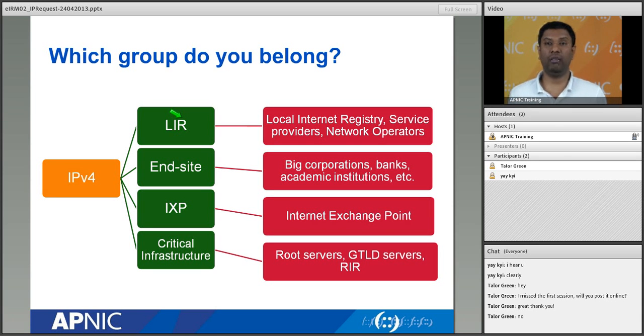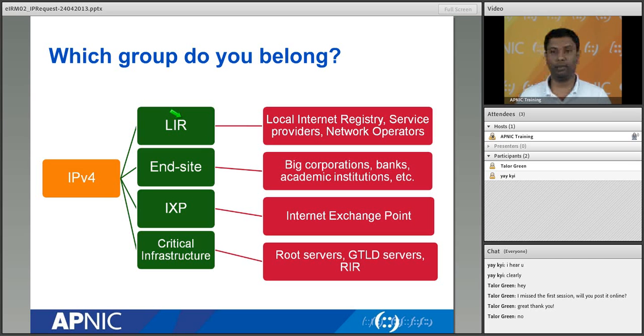If one link goes down, you can use the other link to divert your traffic, so you eliminate a single point of failure. If you want to build this sort of infrastructure, you can't rely on a non-portable address from the ISP. You need your own address, because with a portable address, if any service provider is not providing you good service, you can just move out and you don't need to renumber your whole network.